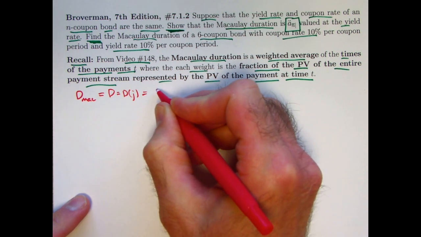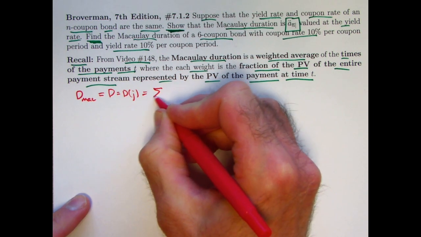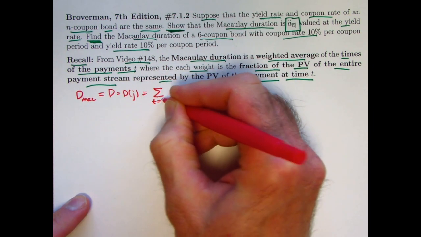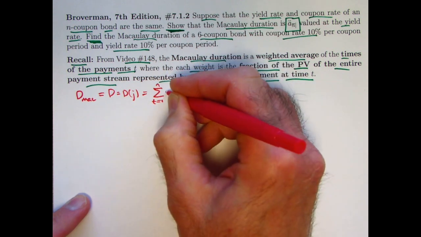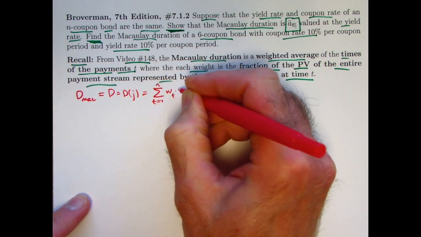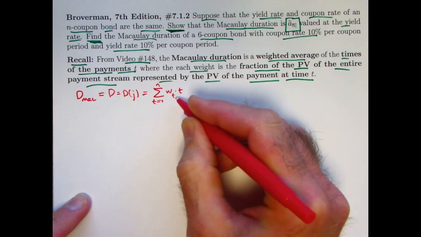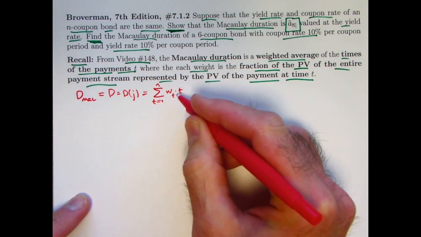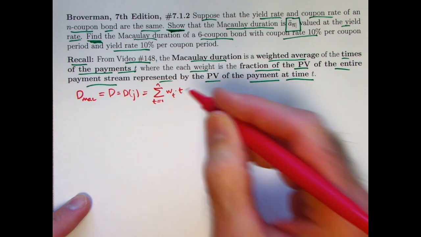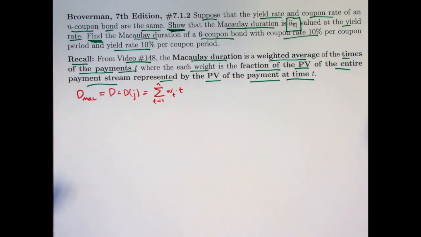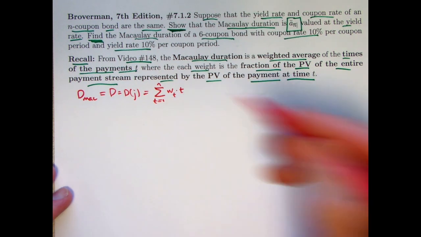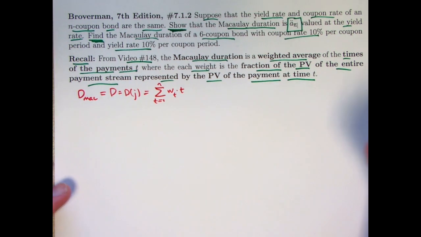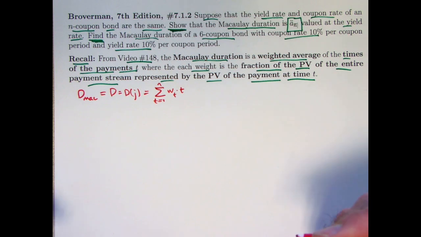And I wrote the formula for this last time as a sum. t goes from 1 to N of w sub t times t, weights of times. w sub t is the weight of time t. t going from 1 to N are the payment times, okay? These w_t's are going to be numbers between 0 and 1. They will add up to 1, as we saw in the last video.